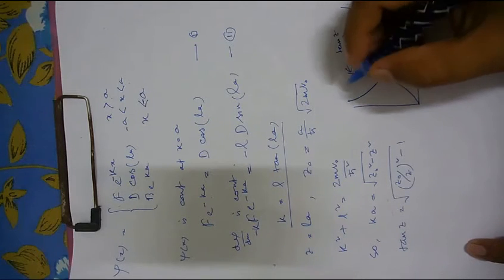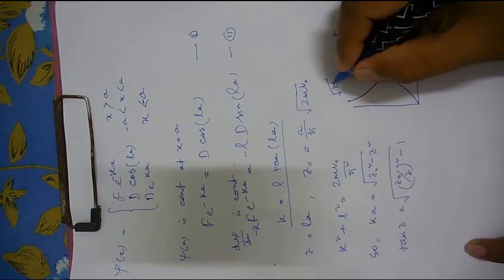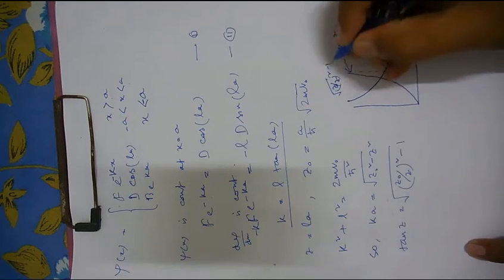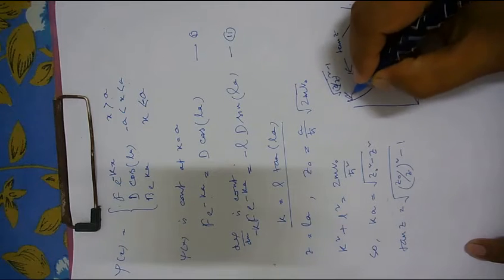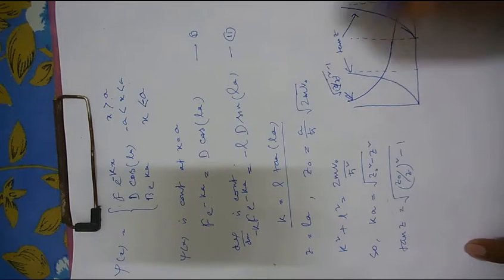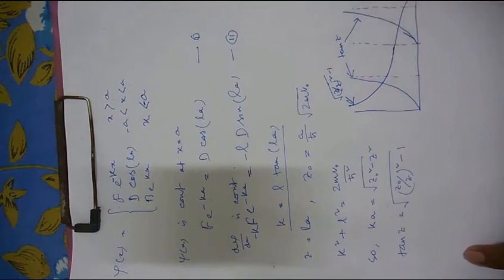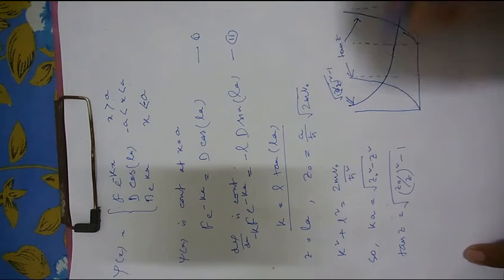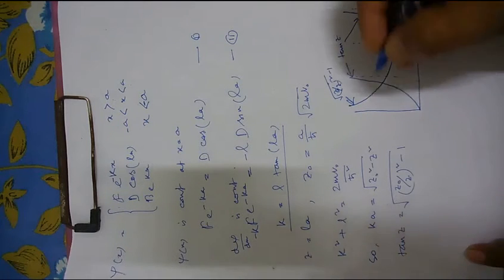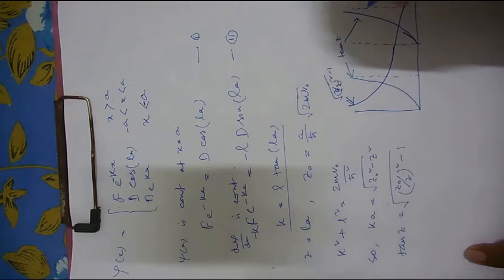This is a function of z, square root of z0 by z square minus 1. This is the function, and these intersection points are the solutions of this equation. So depending on the z0 value, this equation will be like that, and the solution will vary.